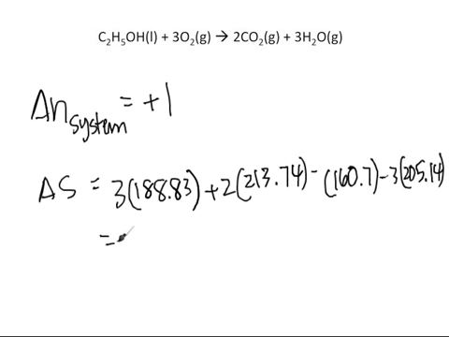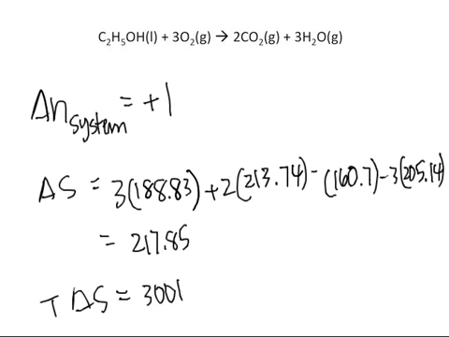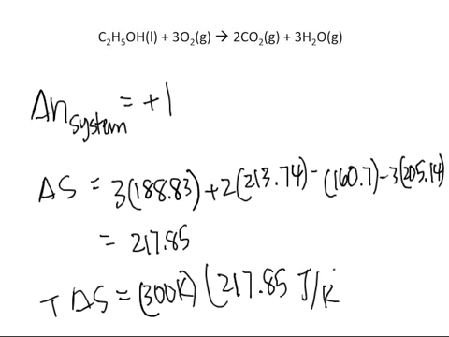This is going to give us about 217.85. Okay, if we want to calculate T delta S, that's going to be 300 kelvins times 217.85 joules per Kelvin. Let me put the units here. And so that's going to equal about 66 kilojoules.